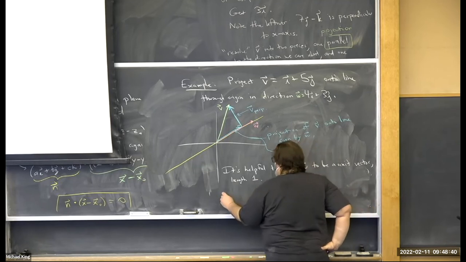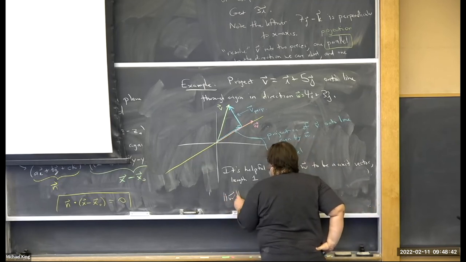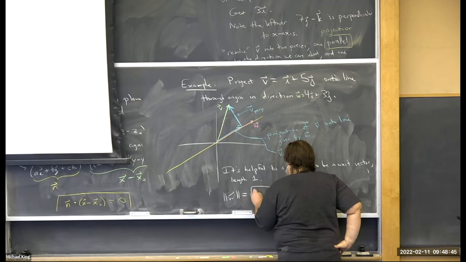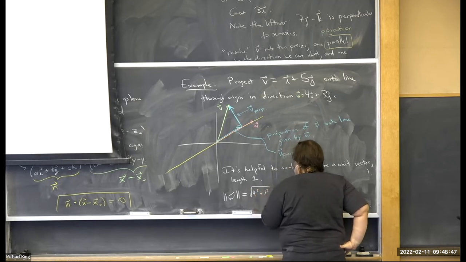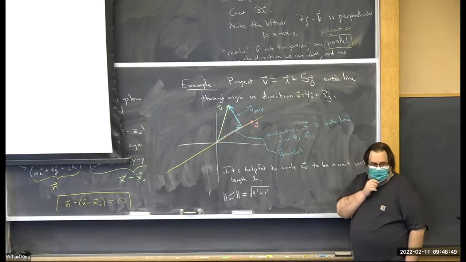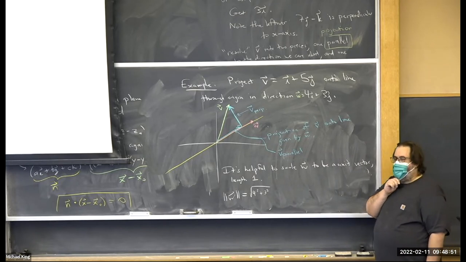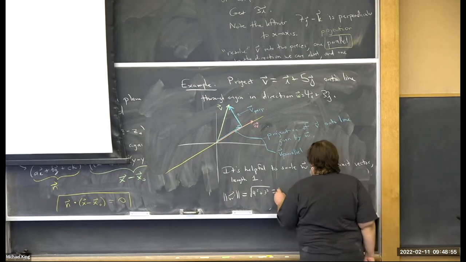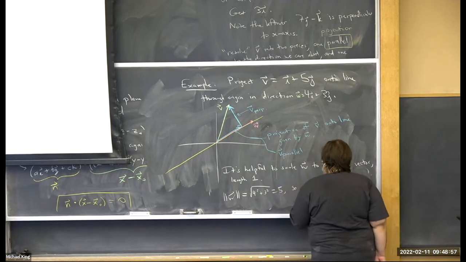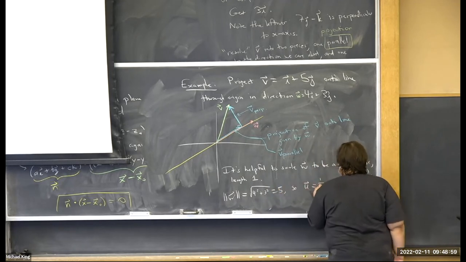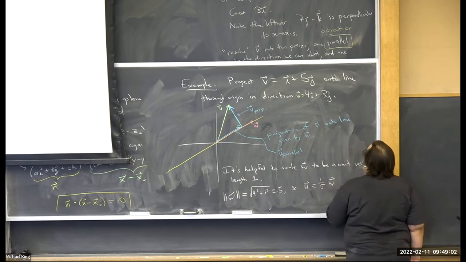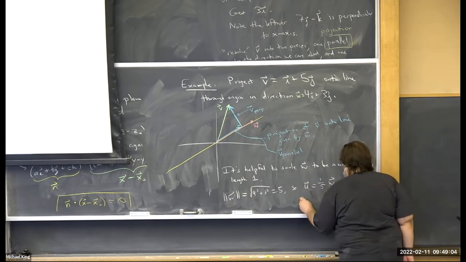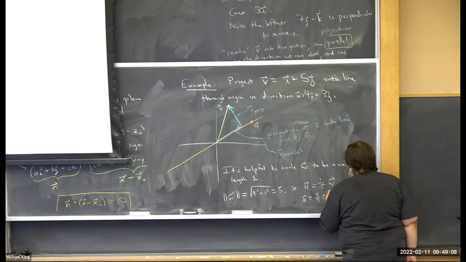And so here, the magnitude of W is the square root of 4 squared plus 3 squared, right? It's my favorite example of a vector that you're going to scale to be length 1, because 3, 4, 5 is a Pythagorean triple. So let's set U to be 1/5 W, so U is 4/5 i plus 3/5 j.